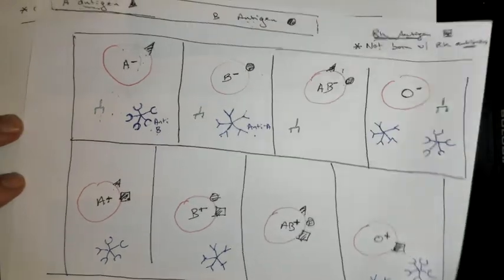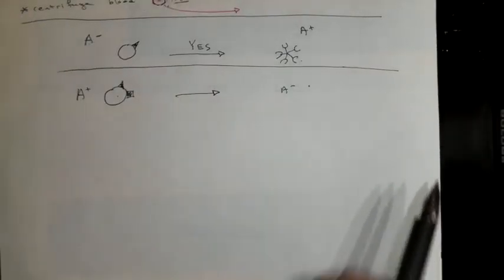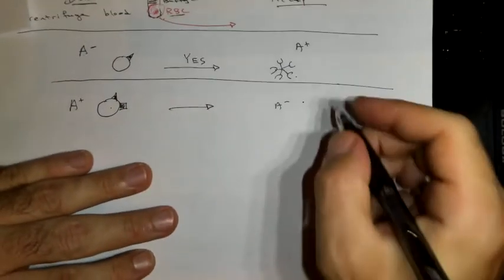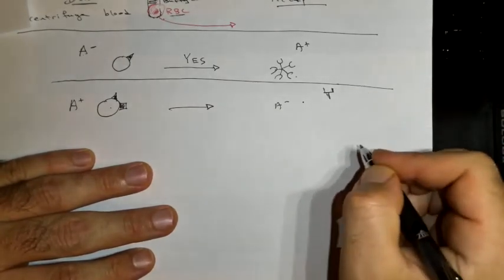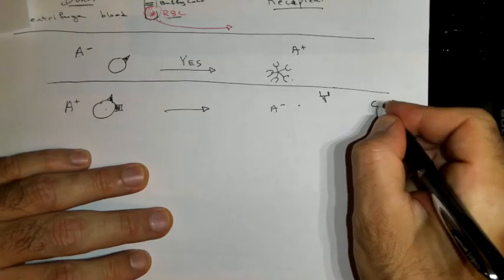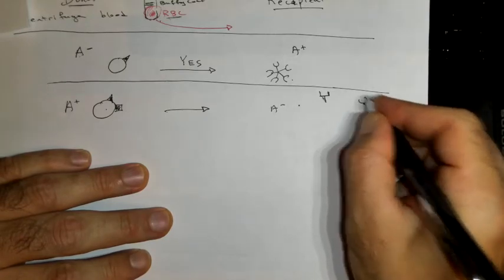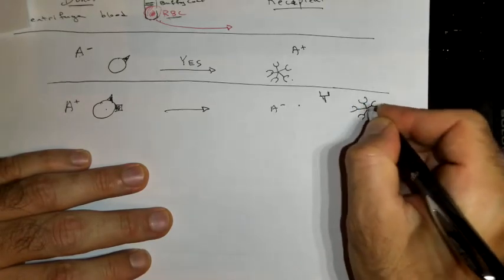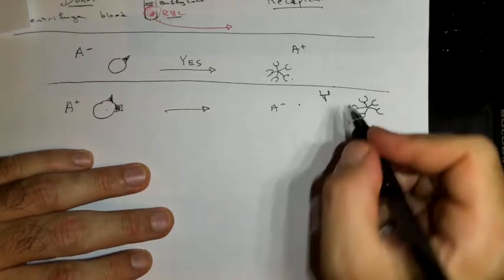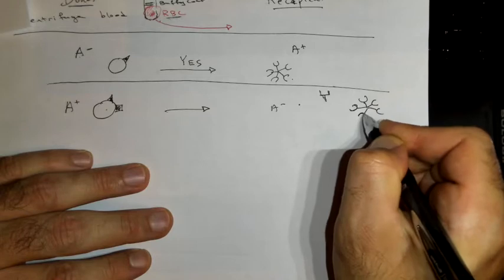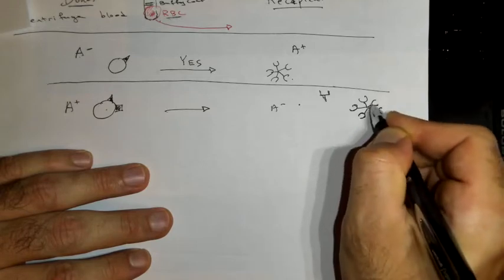Well, the way to figure it out and not to make a mistake is to go ahead and draw out the plasma. So I've got the RH antibody, and I've got that anti-B antibody, right? So this is circular. I'm trying my best to make it circular.